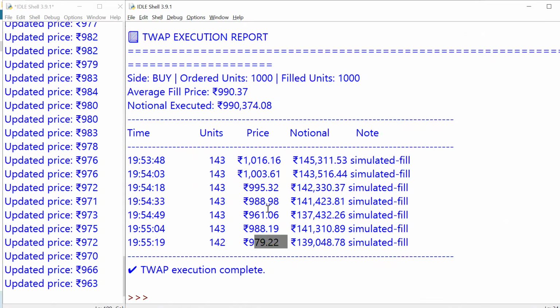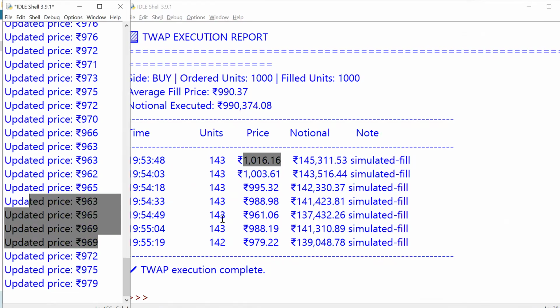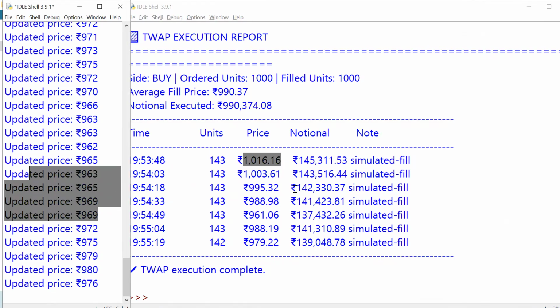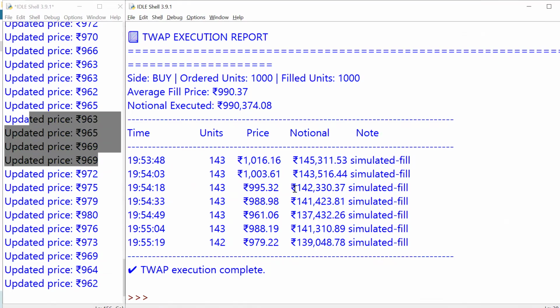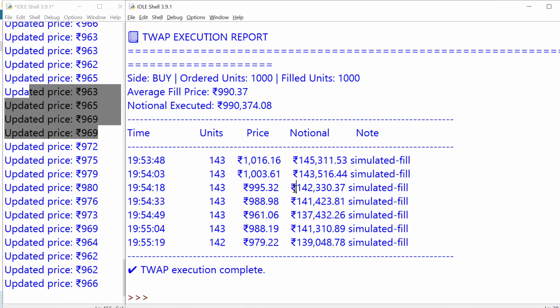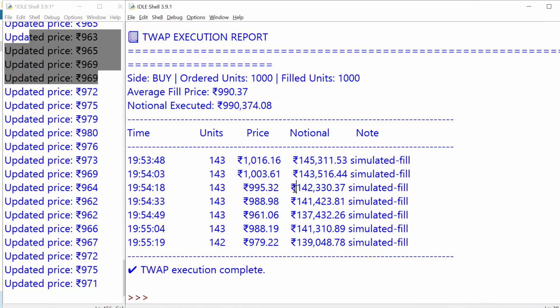Now let's consider if you had bought this complete 1000 units at this price, then you might have a loss of almost 40 rupees. That basically means a very bad execution is possible. So this is a basic TWAP where we are executing the same quantity in the same time cycle.